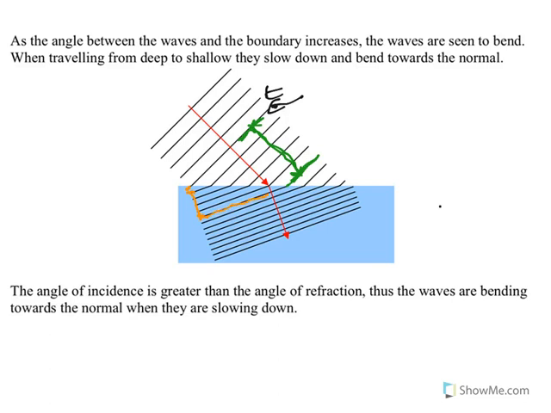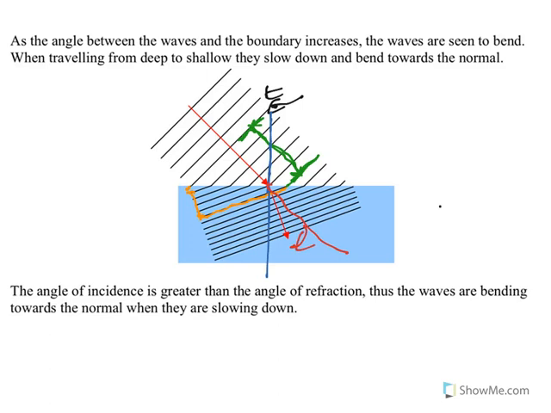So what you actually end up with there is some bending. So the red line's there showing the direction. As you can see there, the direction changes. Now if I put in a normal, blue line down there, there is our normal, and you can see that the bending, so instead of continuing in this direction, it's now bent towards the normal.